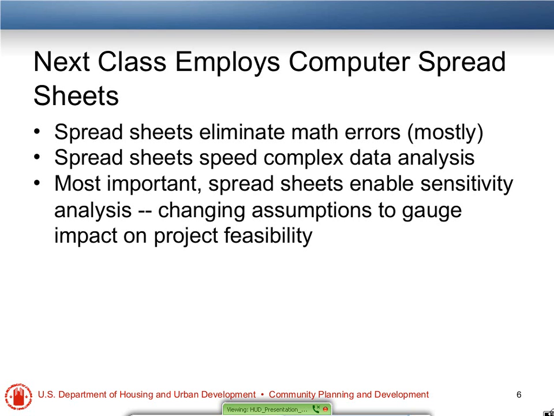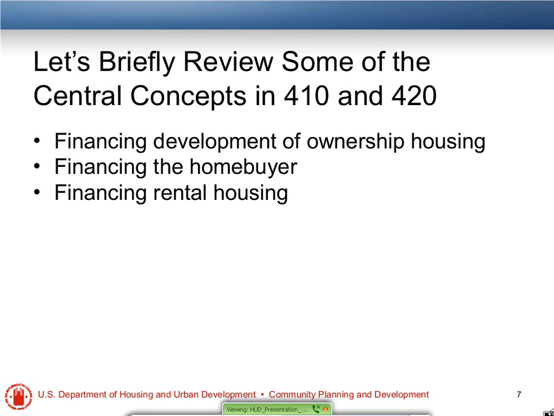So instead of doing many minute mathematical calculations, you can enter a limited amount of data once and then make changes to the assumptions to see what happens to the project, whether it reduces the subsidy, increases the subsidy, or changes the amount of debt or equity attracted to the project. So it allows us to very quickly see what the change of assumptions does and the impact of those changes to the outcome of the project.